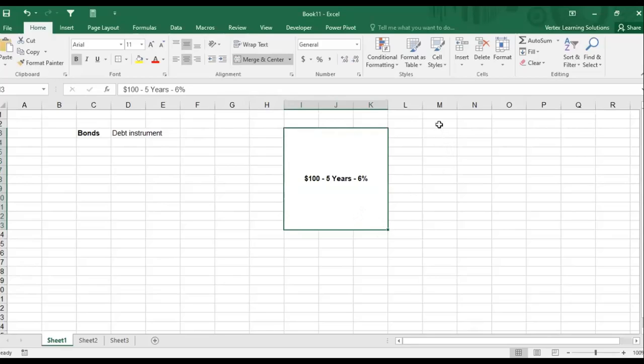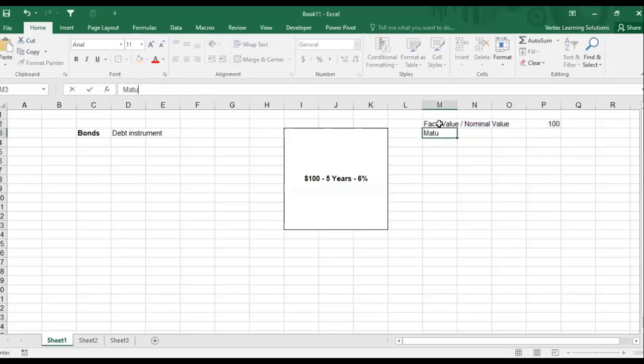So let me first introduce you to the terminology. The face value, which is also called nominal value of this bond, is $100, and its maturity is 5 years, and the coupon rate is 6%. That's pretty simple.